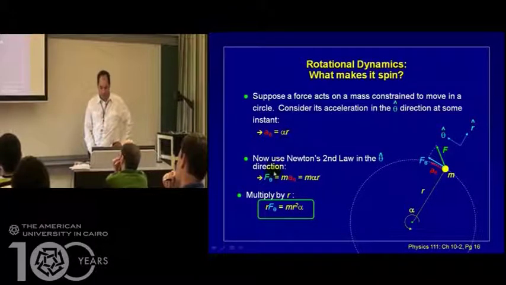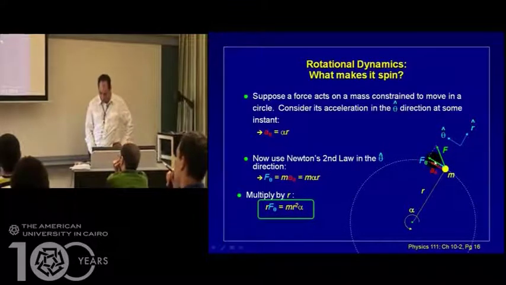So the force F theta is going to be the mass times A theta, which is the mass times alpha times r. Multiply that whole equation by r. You get r times F theta, that component of the force, will equal m alpha times r squared.